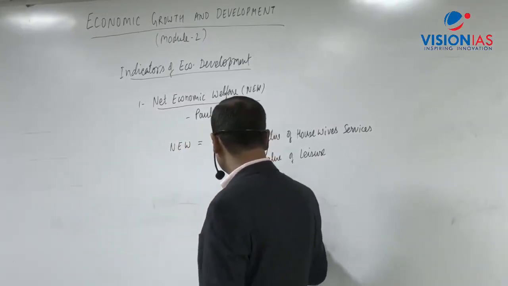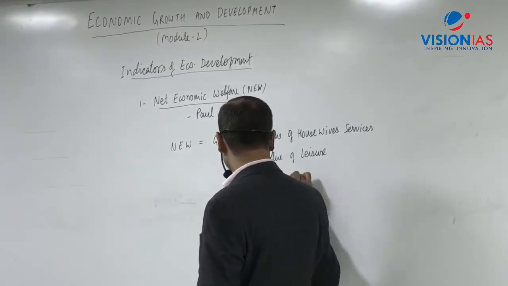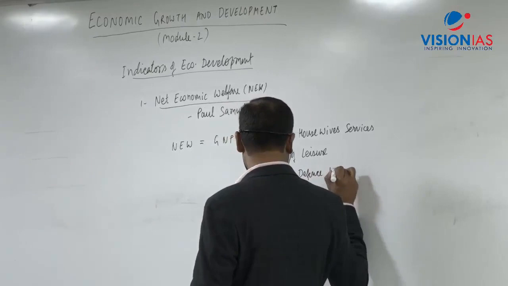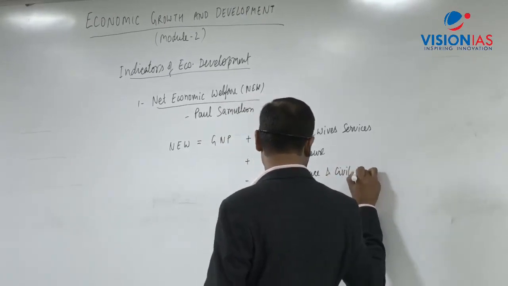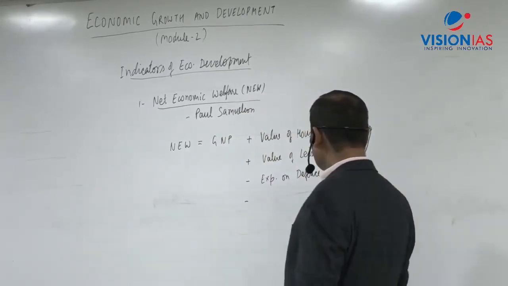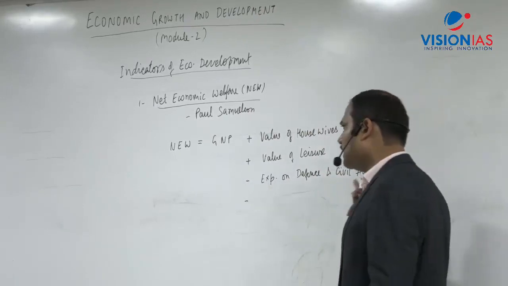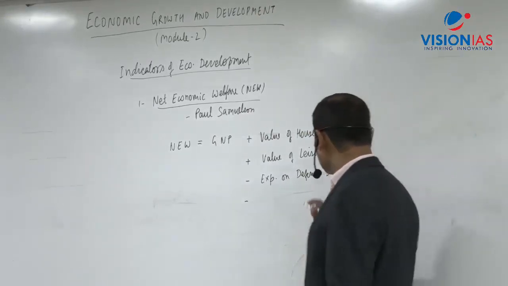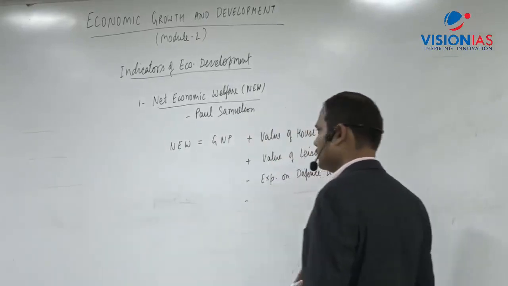So expenditure on defense and civil administration we should minus, because it does not directly increase welfare. It is essential but does not increase it directly.